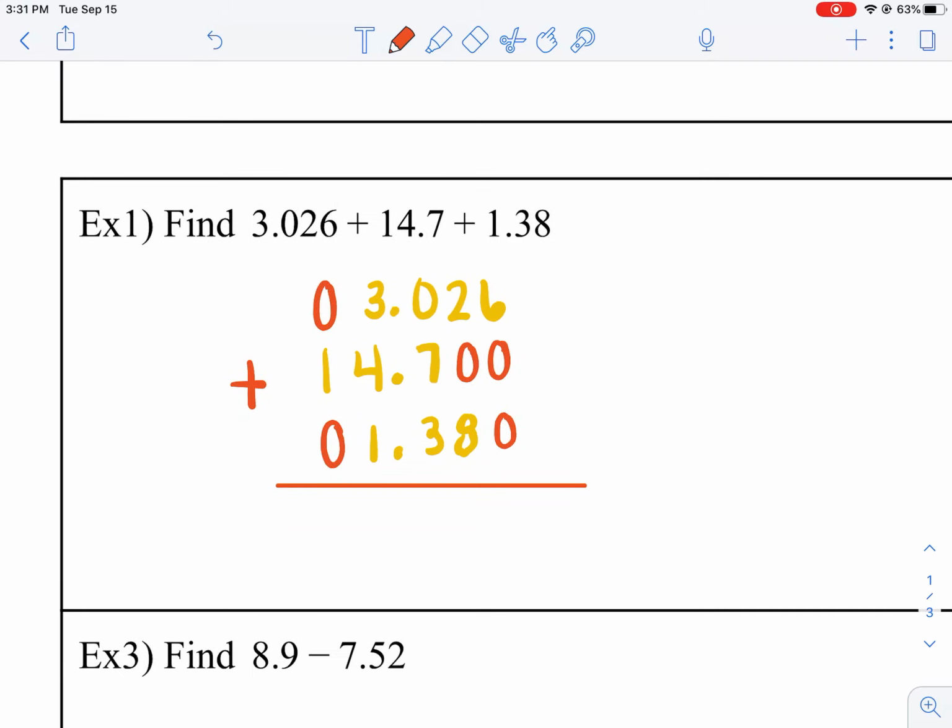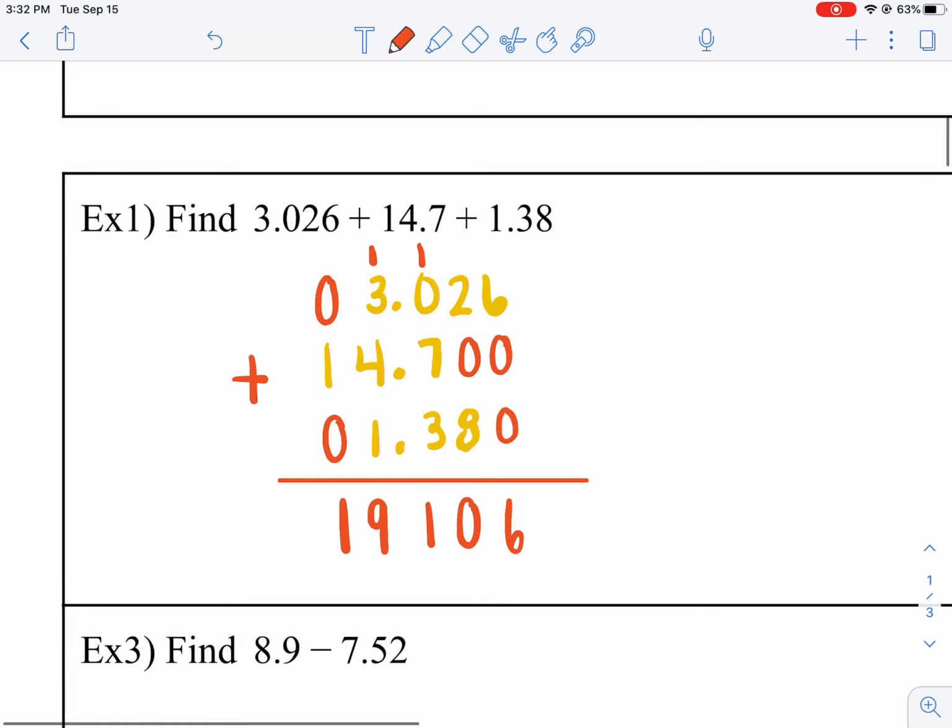Okay, so 6 plus 0 is 6. 8 plus 2 is 10, so I'm going to do 0, carry the 1. 7 and 3 is 10, plus 1 is 11, so 1, carry the 1. I'm going to start at the top. 1 plus 3 is 4, plus 4 is 8, plus 1 is 9.